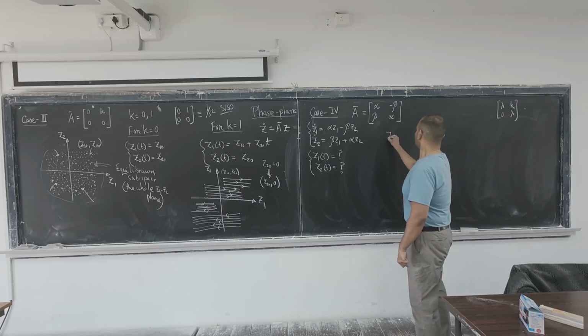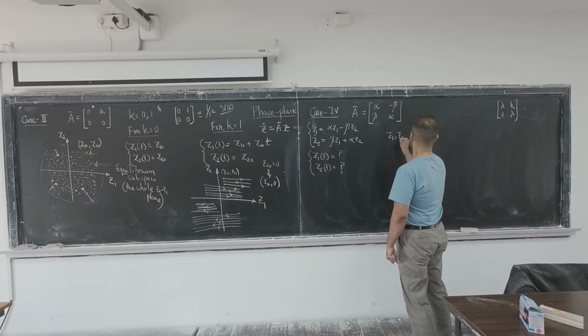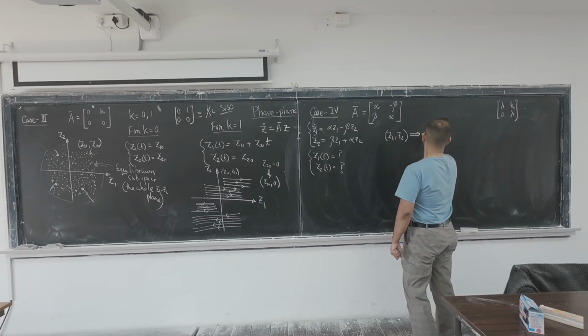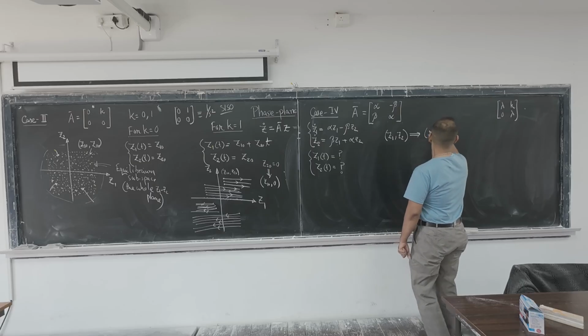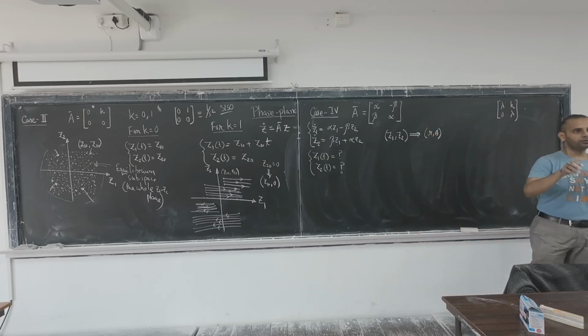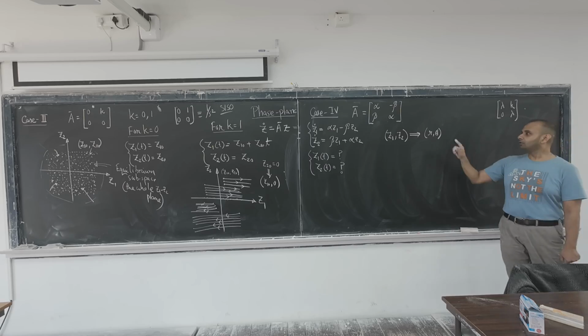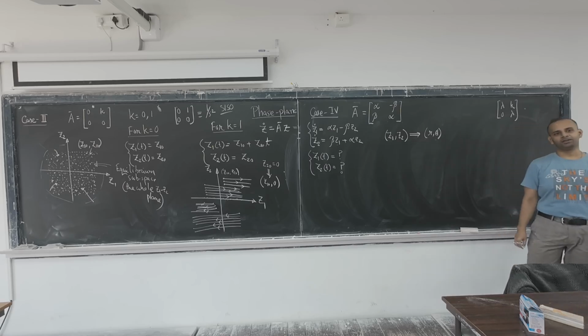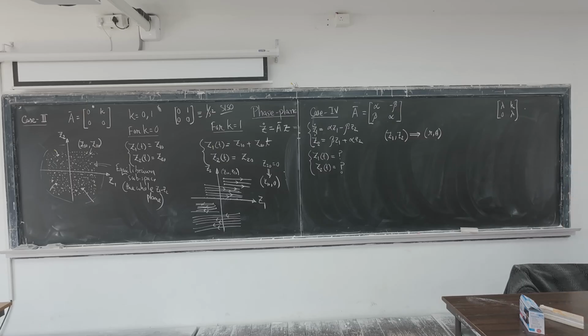That means from Z1, Z2, we will proceed to r, theta coordinates. I hope all of you know about r theta, the polar coordinates. That is why in this case we need to go to polar coordinates.